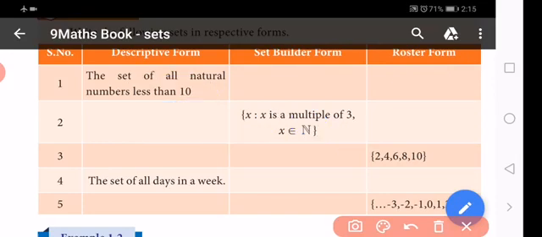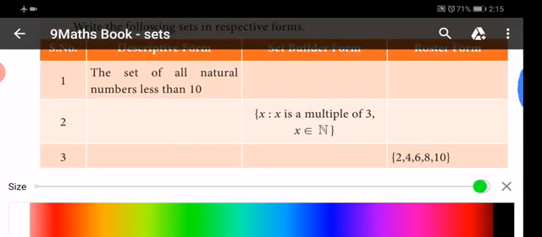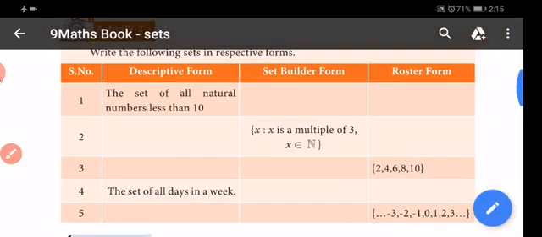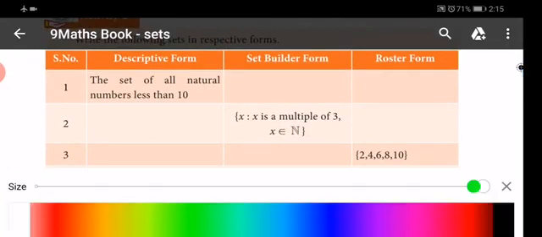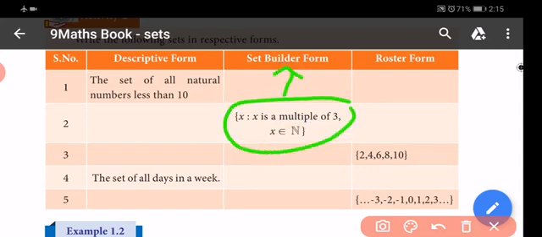And the second one, for all x such that x is a multiple of 3. This is in set builder form.